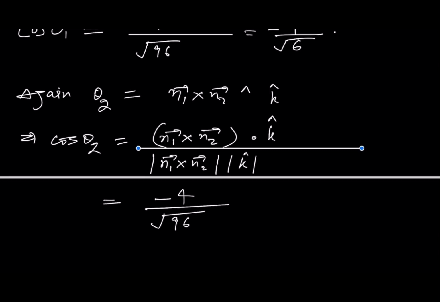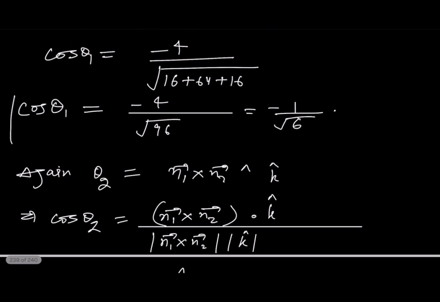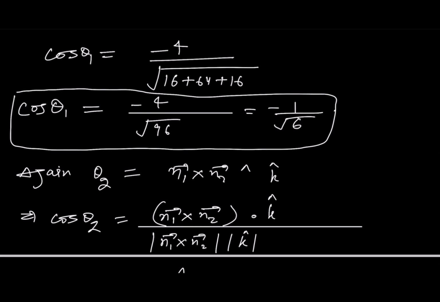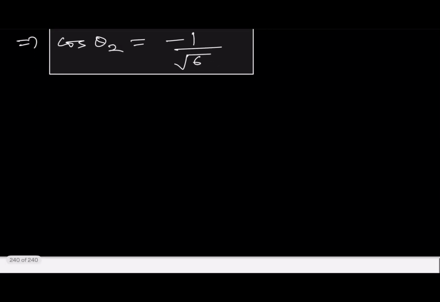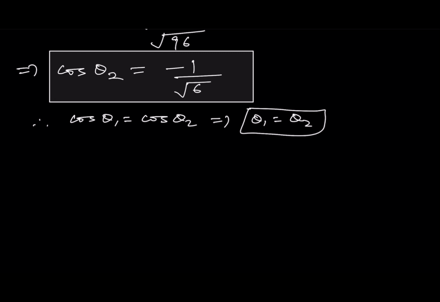So cos theta 2 is again minus 1 upon root over 6, and cos theta 1 is minus 1 upon root 6. So therefore cos theta 1 is equal to cos theta 2, which implies theta 1 is equal to theta 2. So the first part has been proved.